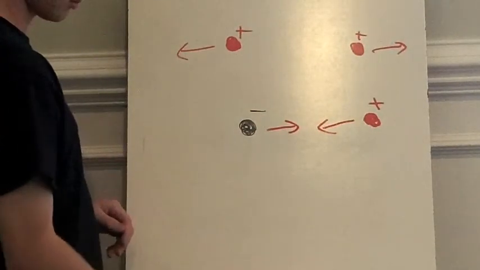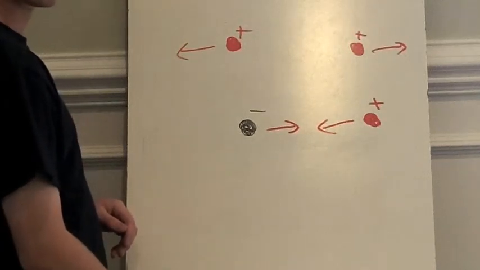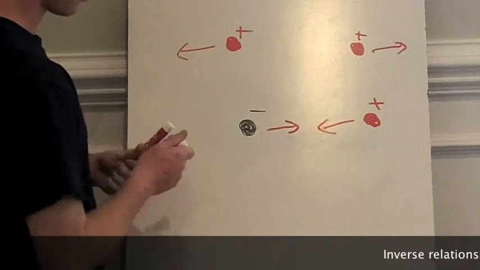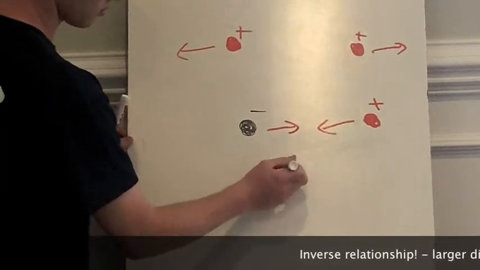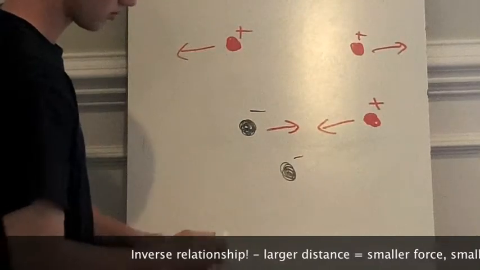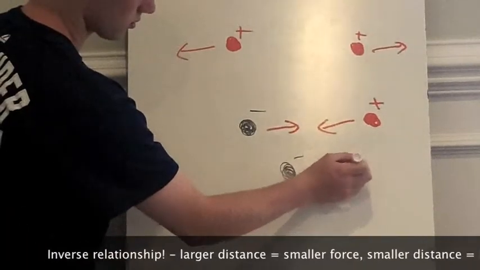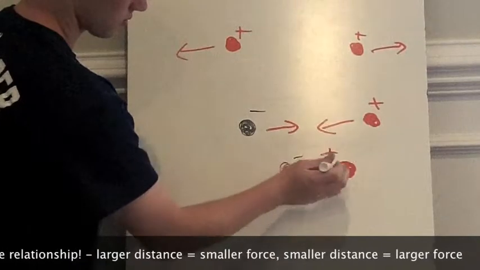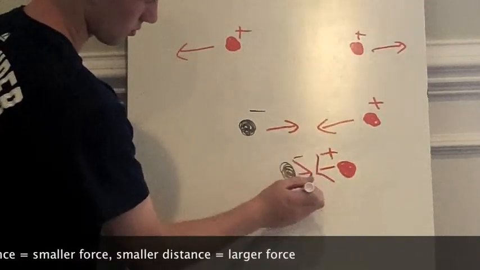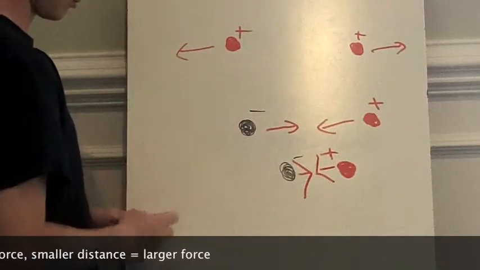As demonstrated by Coulomb's law, the attraction between the opposite charges increases as the distance between them decreases. And vice versa.